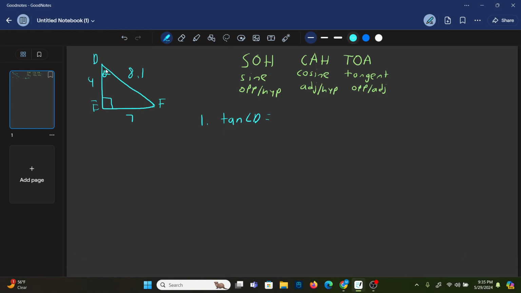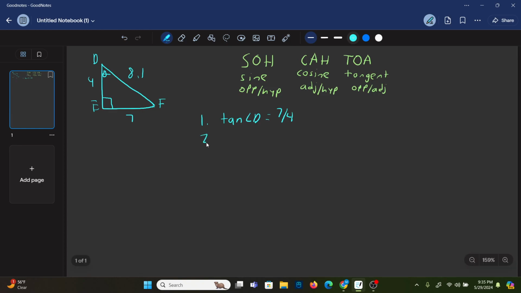The side opposite to angle D is this side, which is 7, over the adjacent, which is 4. The reason why it's 4 is because this is the side that's adjacent. This side is not adjacent because it's the hypotenuse. The hypotenuse is the one that's opposite the right angle. So this side would be adjacent. So it's 7 over 4.